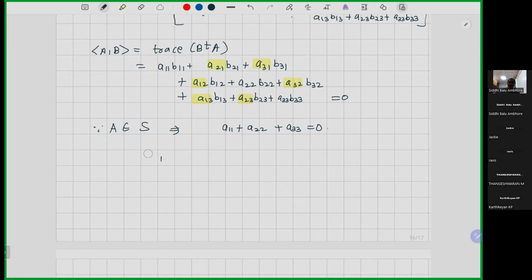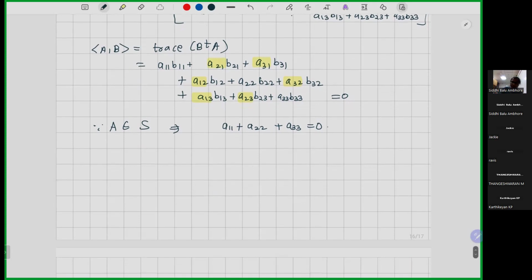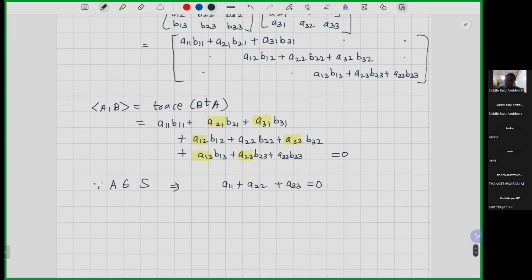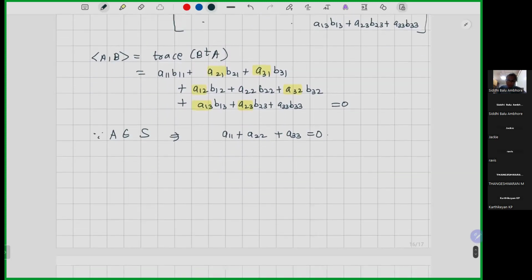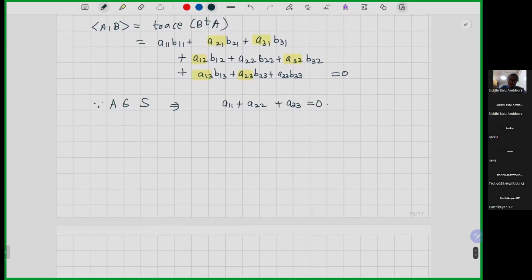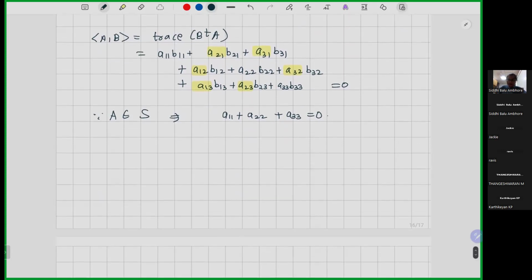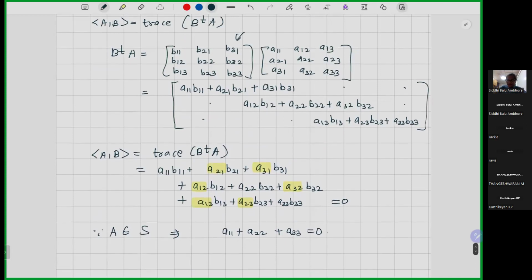And we end up getting that these elements which are not at the diagonal become 0, or let me do one thing.